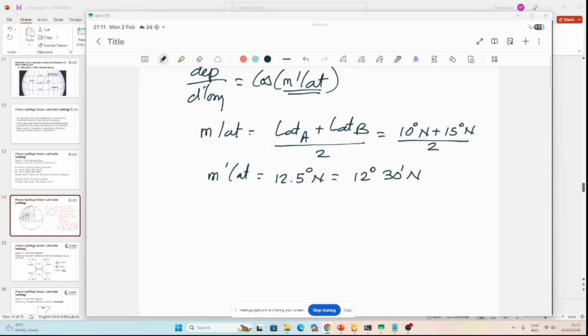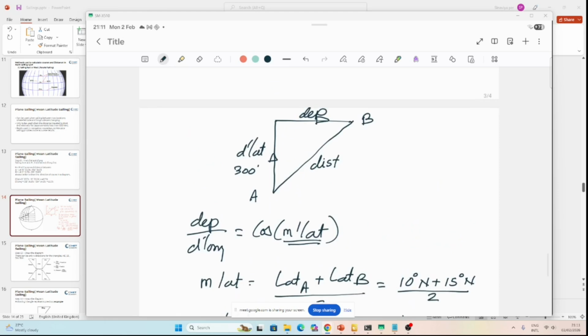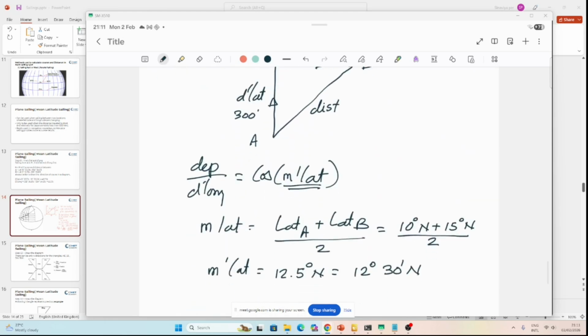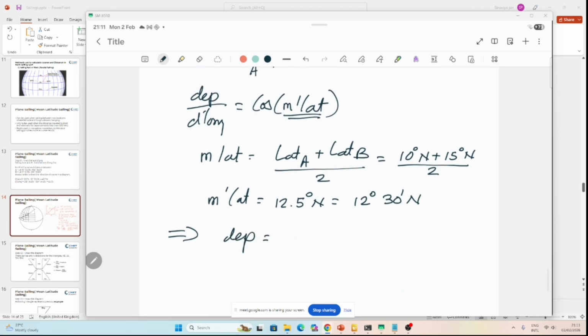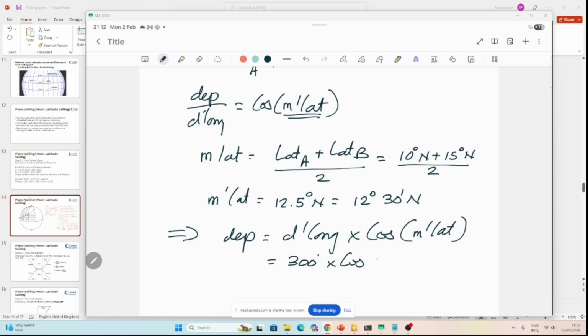So now we have already found out the D long in the previous case. So now we can apply it to the formula. In this case, I will directly apply departure is equal to D long into cos mean latitude. D long is 300 and cos mean lat is 12 degrees 30 minutes north.